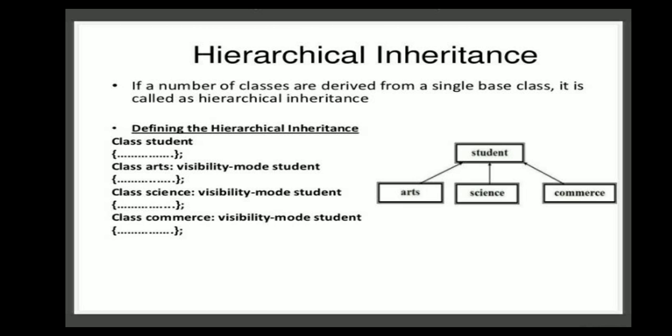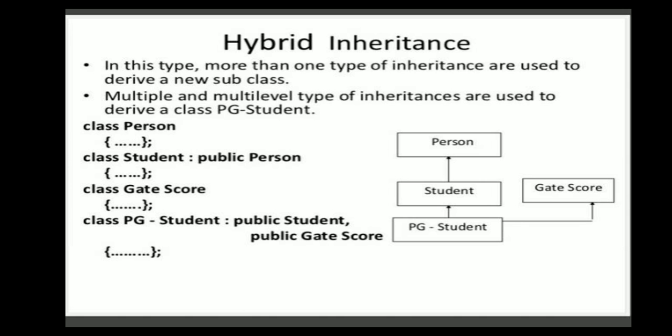Likewise, class science colon visibility mode followed by student. Then class commerce colon visibility mode followed by the base class, that is student. So here all three derived classes can derive the information from the base class student. So this technique is called hierarchical inheritance.